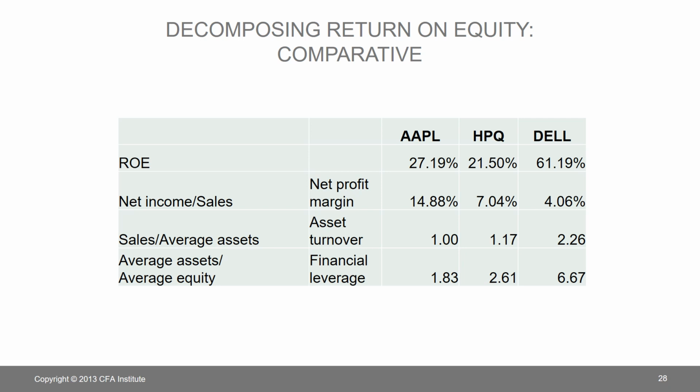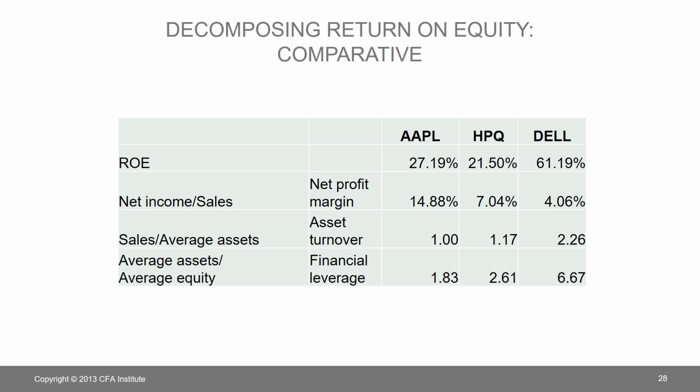For Apple, the net profit margin is much higher, which reflects a strategy of competing on product features rather than price. You probably know this about Apple. And asset turnover is lower, which reflects a strategy of having its own retail stores, also not shown on the slide.